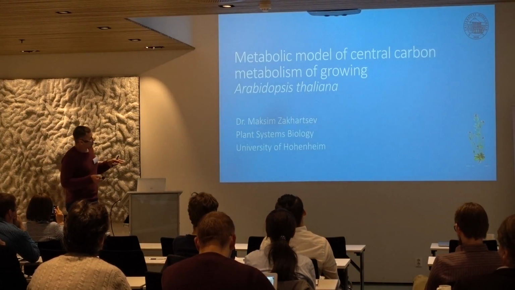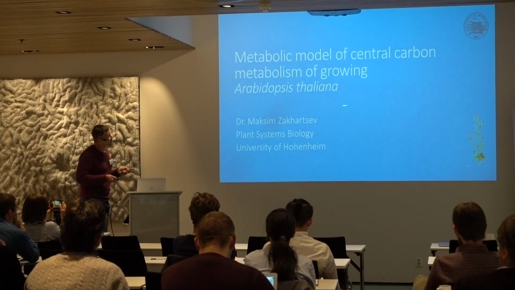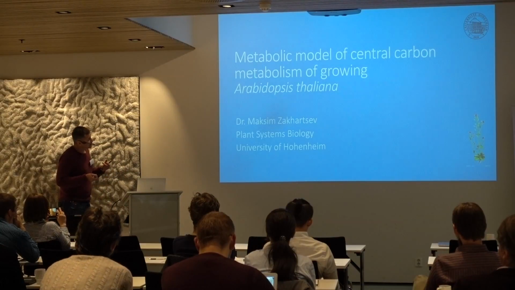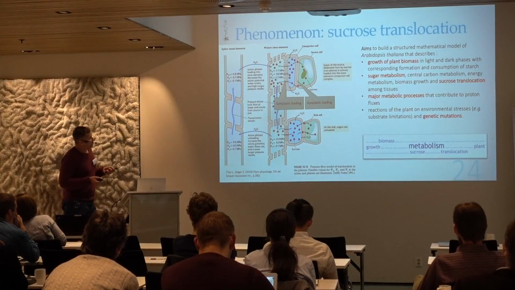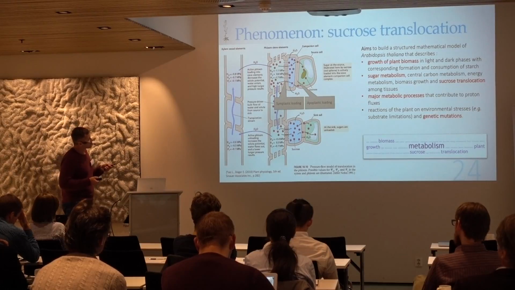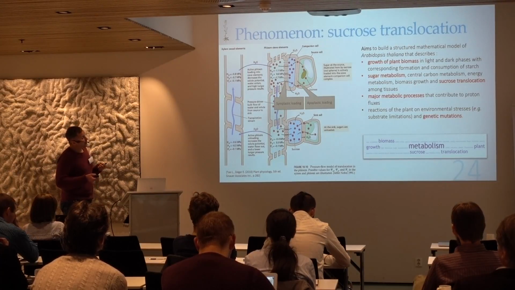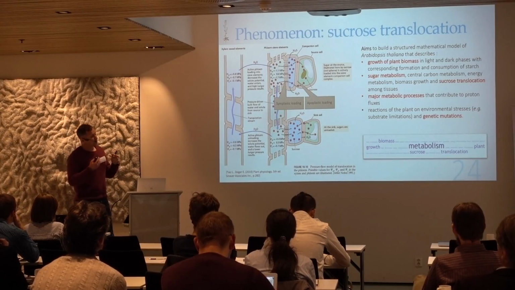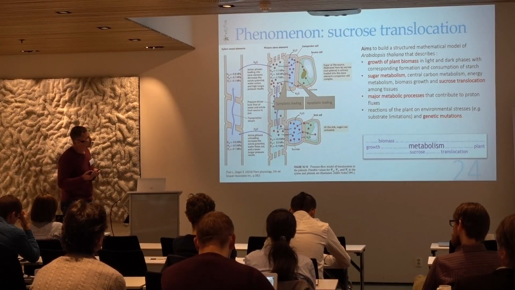I would like to exemplify this approach on the modeling of energy metabolism of Arabidopsis under the assumption of steady state growth. The general idea of this modeling effort was to understand the effect of the sucrose transporters, in order to, in future, try to use manipulation of the sucrose transporter to change the phenotypic appearance of the plant.